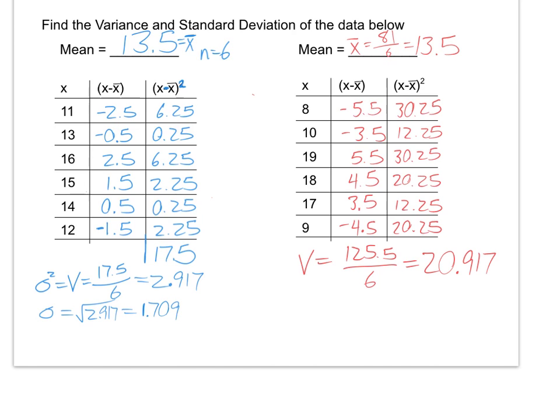The standard deviation is the square root of that, 20.917, which would be 4.57. So as we anticipated, that standard deviation was bigger.